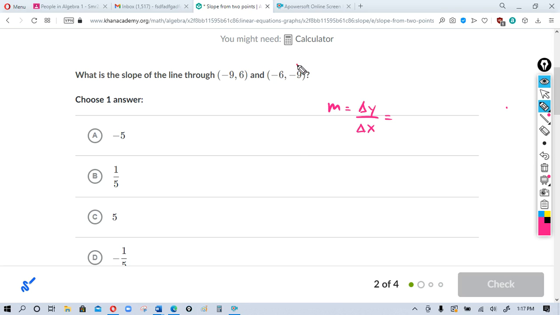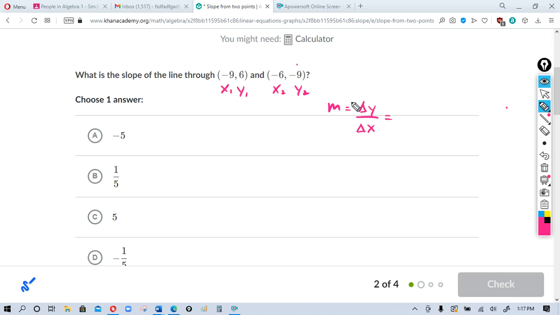So before I went this way, so now I'll do it the other way just to prove it to you. Start with the change in y, okay? I'll label them just so you can see. x1, y1, and x2, y2. Okay, it really doesn't matter the order that you subtract as long as you do it the same way both times.